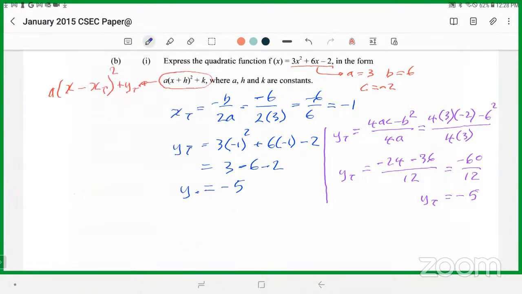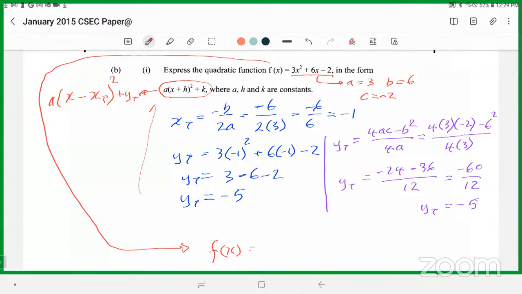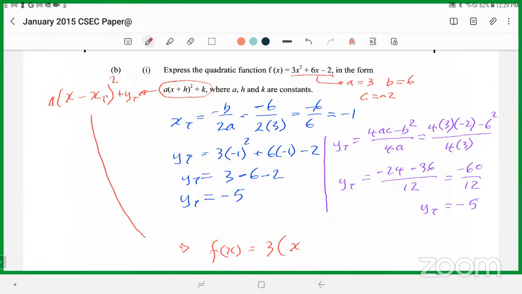And now that I know the XT, the YT, and the A, I can now write my vertex form. And so let me put it in red. So this expression that I want, let me put it as a function. Let's write it like this. The function becomes f of x equals a, which is 3, into x minus a negative 1, don't forget the square.